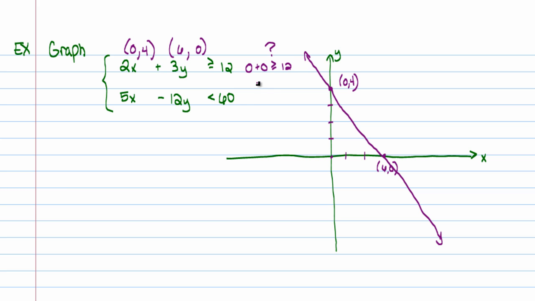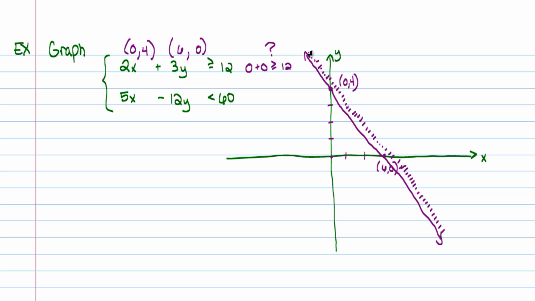Well, no, that's not greater than or equal to 12. 0 is definitely not greater than, nor is it equal to 12. So I'll shade the other side, not the 0, 0 side, because 0, 0 is not a possibility for a solution. This is a quick little shading here, nothing really crazy.